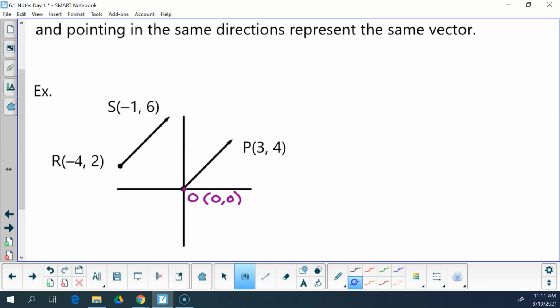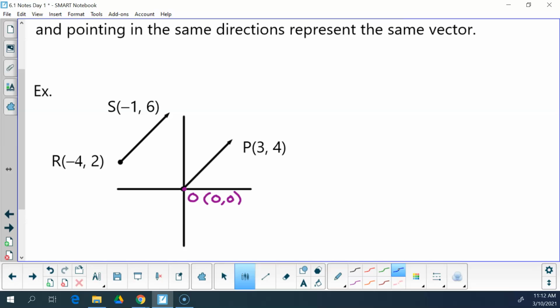We can tell if vectors are equivalent or not by adjusting them to standard position. So that's where the head minus tail rule comes in. Because yes, this is here, but if I adjusted it down here, it would be the exact same thing. And let's show you how that works out.